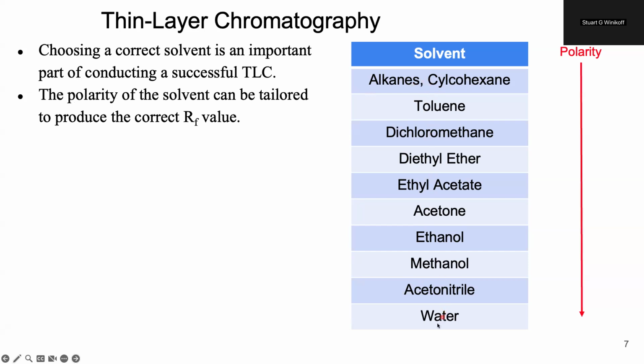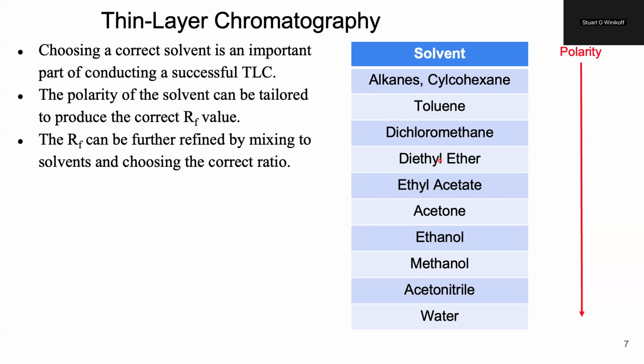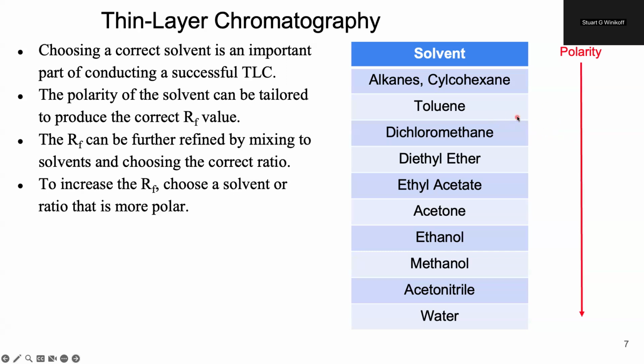On the highly polar side, that's going to be water or acetonitrile. So one of the things you may find is that a pure alkane solvent may be too slow, or pure diethyl ether may be too fast. So one of the things you can do is mix two different solvents together to have a net solvent that's somewhere in the middle and maximizes your RF.